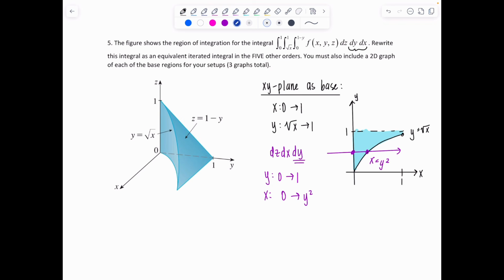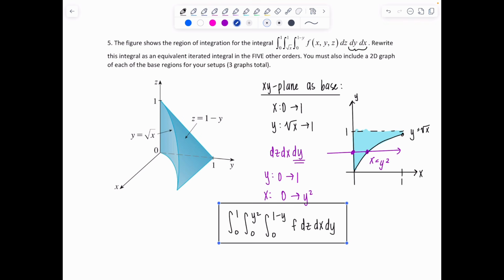So setup number 1 of 5 is going to be 0 to 1, 0 to y squared, and then don't touch this part: 0 to 1 minus y, f, dz, dx, dy. Boom. 1 is done, 4 to go. The rest will be harder.